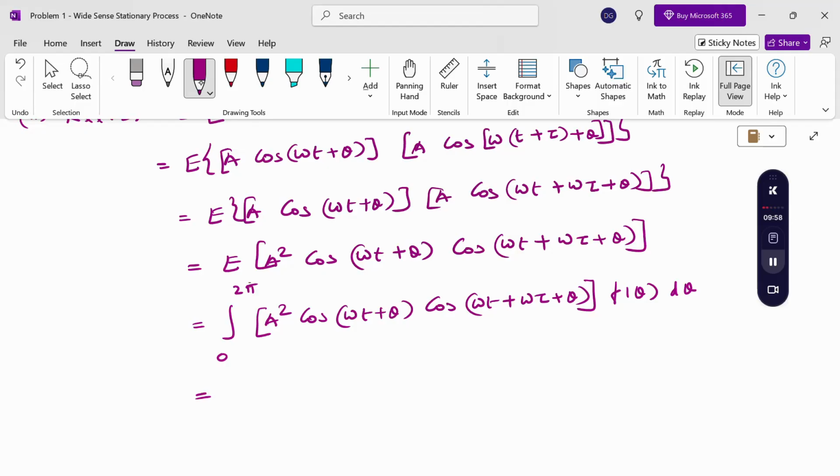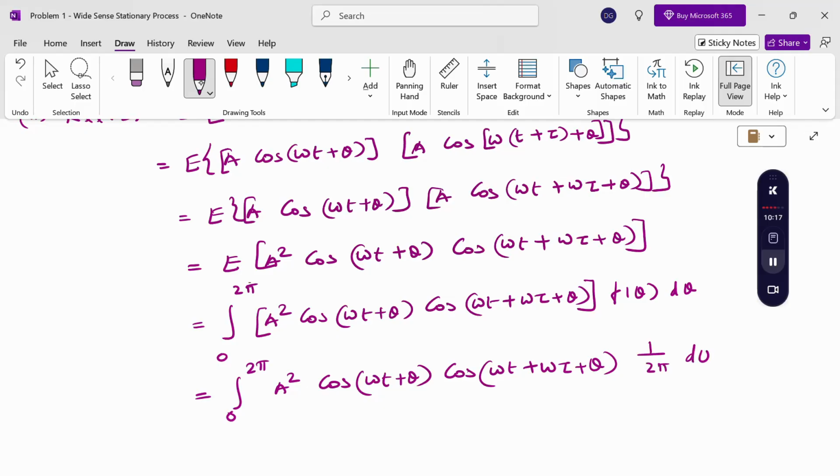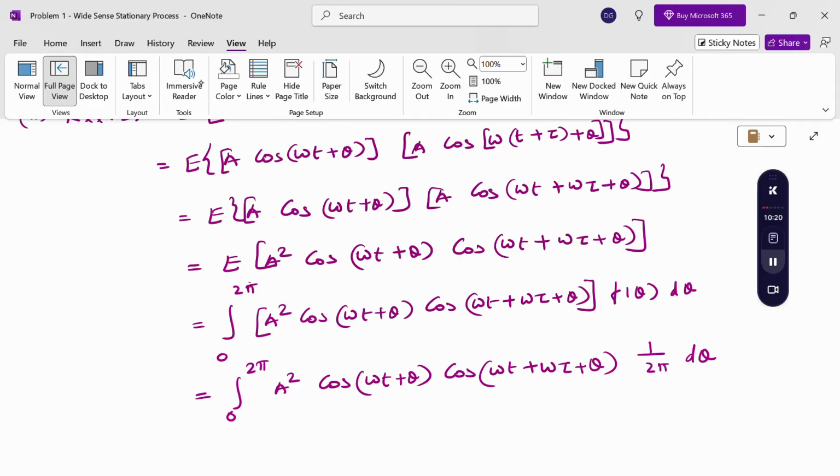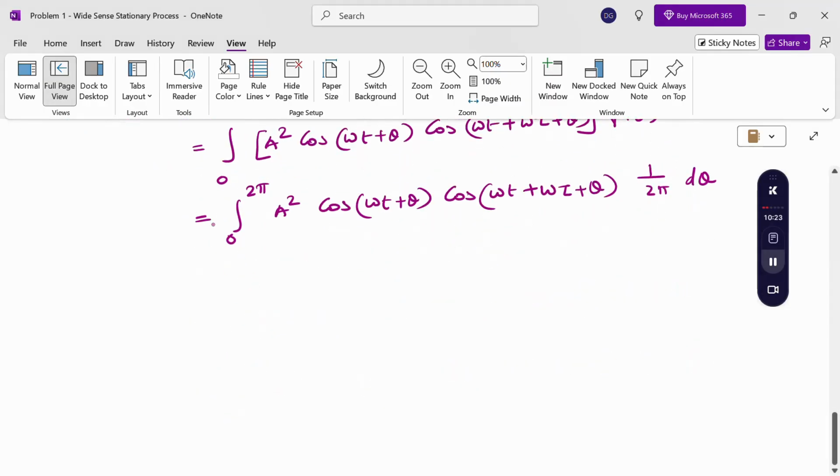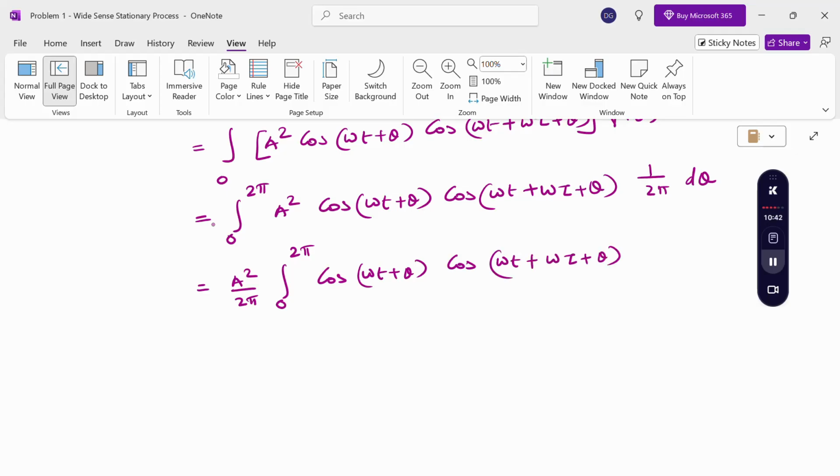Now substitute the f of θ value: the integral from 0 to 2π of A squared cos(ωt + θ) cos(ωt + ωτ + θ) times 1 by 2π dθ. Now A squared by 2π is constant, so I take it out: A squared by 2π, integral from 0 to 2π of cos(ωt + θ) cos(ωt + ωτ + θ) dθ.